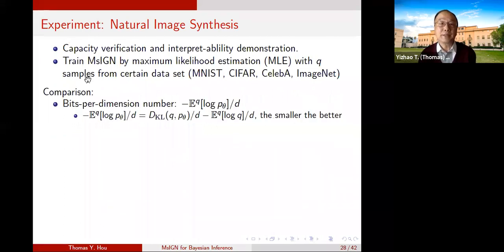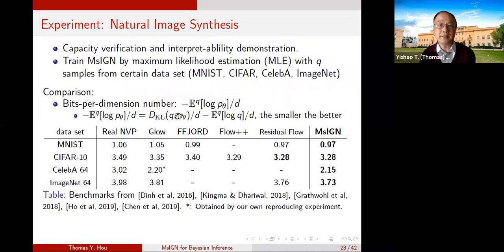Okay, so for the first example, the human face, how do we measure the performance? We use the so-called bits per dimension number given by this. The smaller this number, the better, the more accurate the network is. So we trained it on a number of data sets, including MNIST, CIFAR-10, and ImageNet.